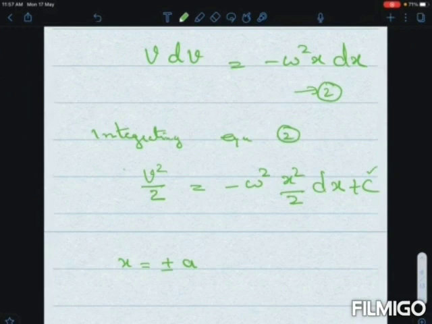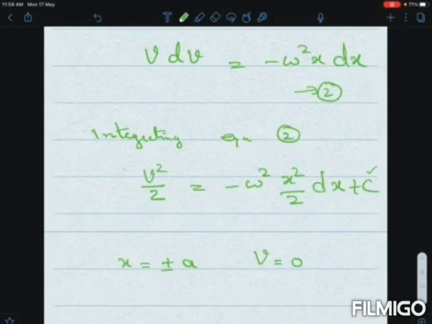When x is equal to plus or minus a, what happens? We have v is equal to 0. Why?